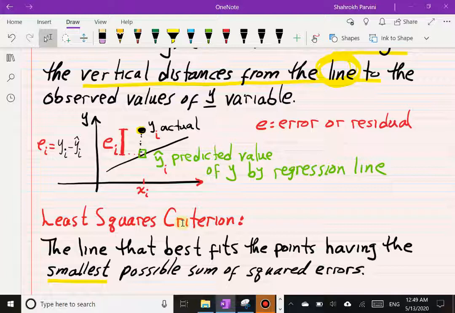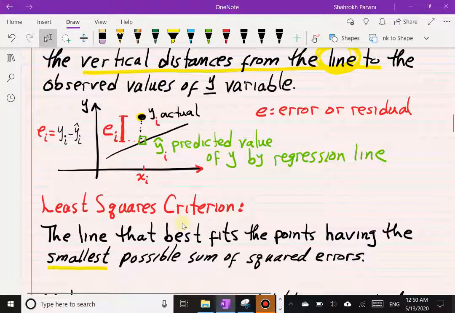So what is the least squares criterion? The least squares criterion tells us that the line that best fits the points is the one having the smallest possible sum of squared errors. That's what the least squares criterion says.